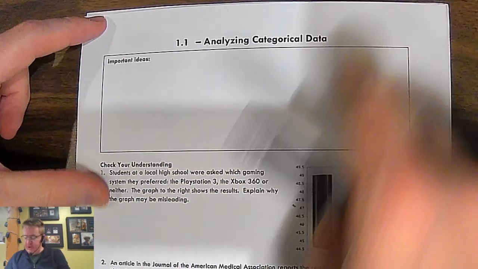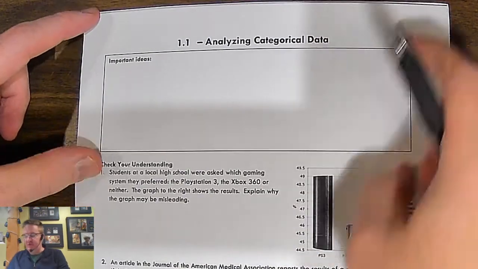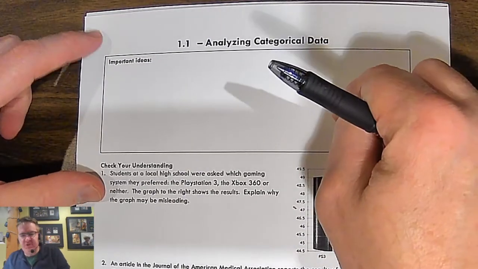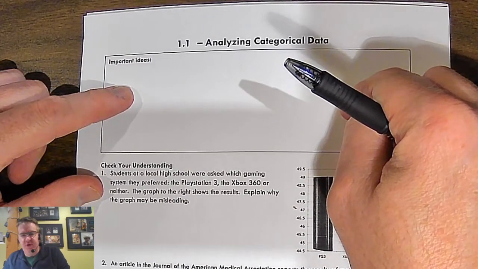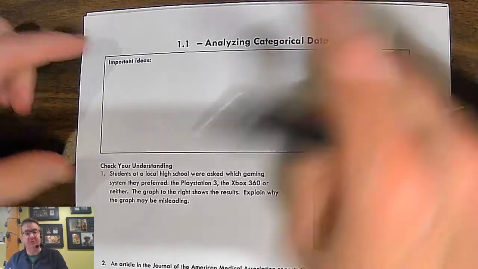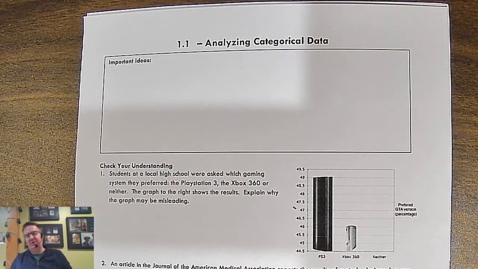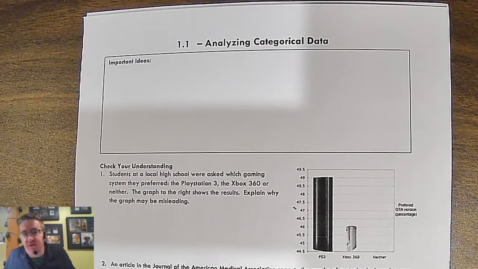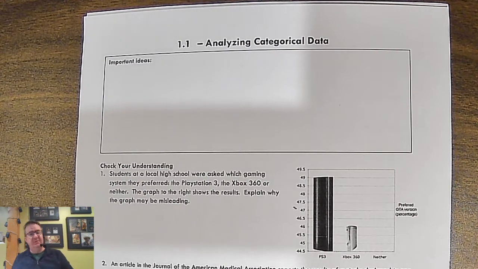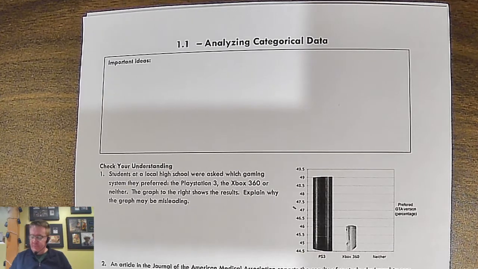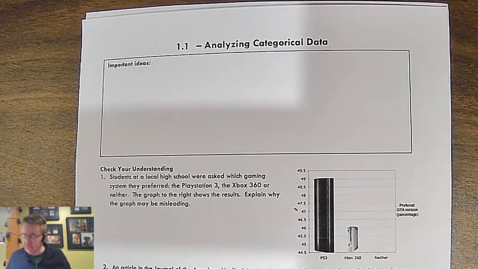If you want to do both of them in the same notebook, that's fine. Almost every lesson is going to have one of these important idea things, so if you want to keep all of those separately in one notebook, so when we get to that part you can go to it, that would be fine. In fact, that would probably be a good way to do it, so when we're studying for the AP test, you have all of them right there. If we were doing it at school, I've thought about doing it as learning cards, but that's something else.